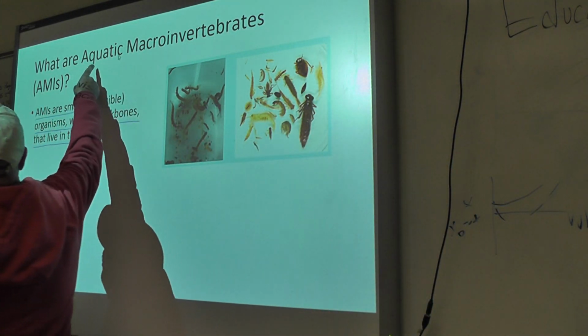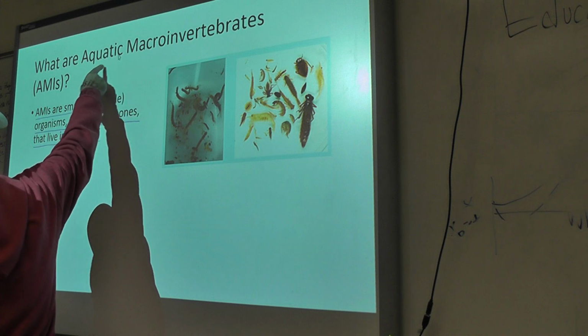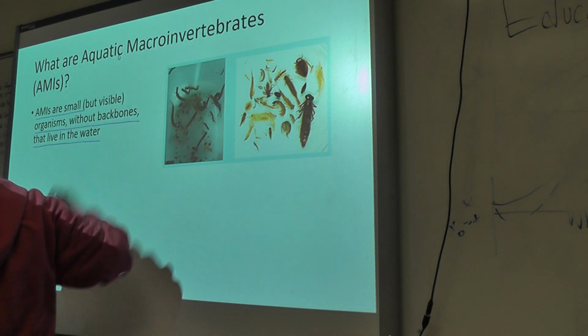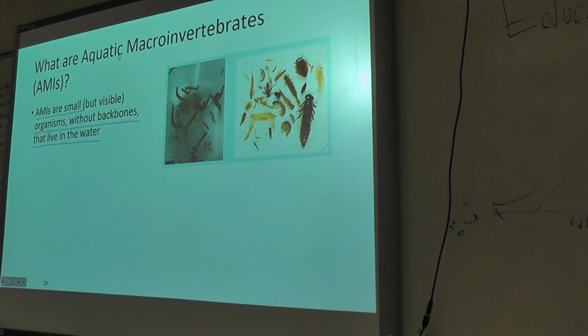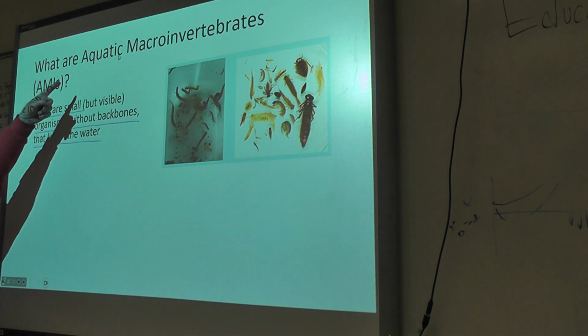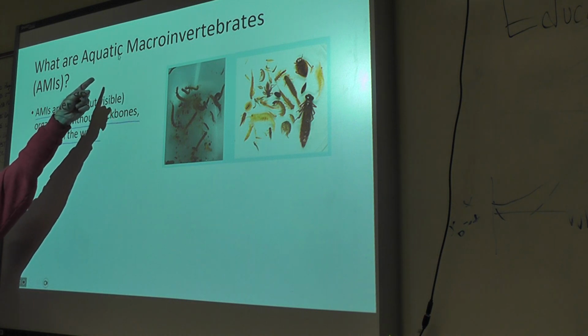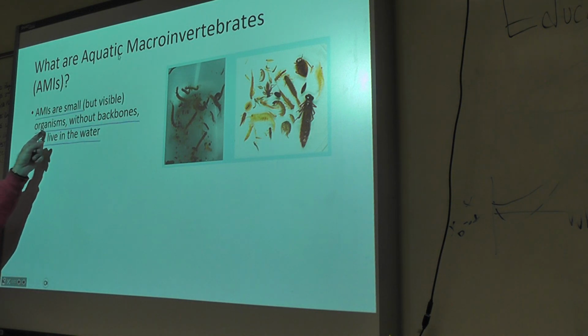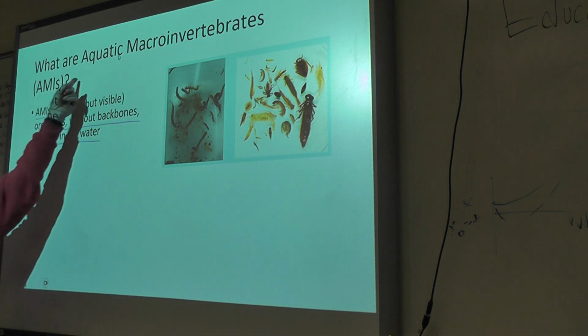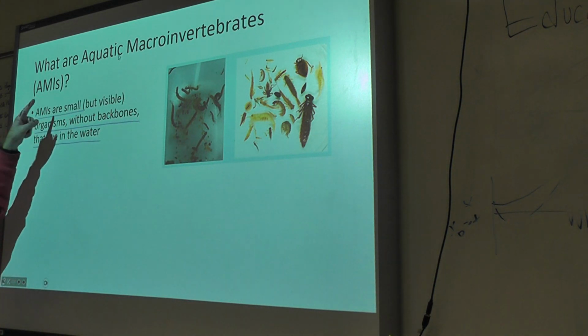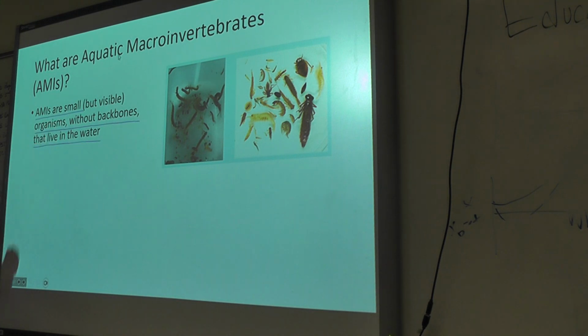All of those descriptive characteristics are incorporated into the name of these creatures. Aquatic macroinvertebrates tells you that they live in the water, that's the aquatic part, that they're small but visible, that's the macro part, and invertebrate means that they don't have backbones. So all this fancy stuff up here and all this not so fancy stuff here means the same thing.